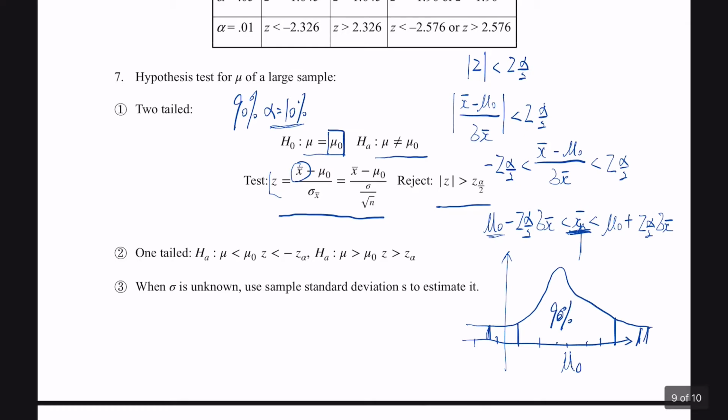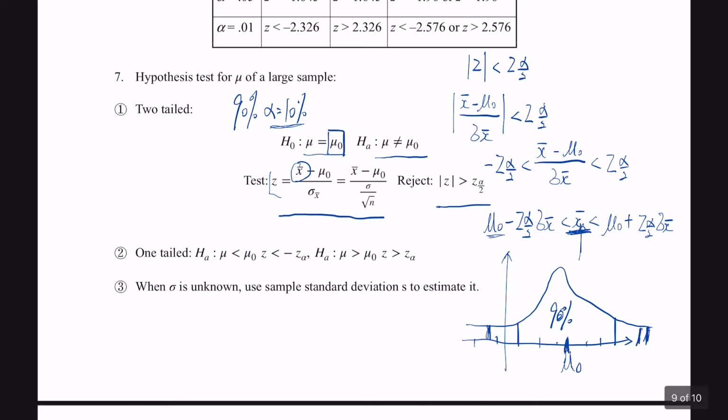But there is a probability that the null hypothesis is true, the population mean is here. You can tell by the graph. The sample mean could lie here and here. Then we have a type 1 error.